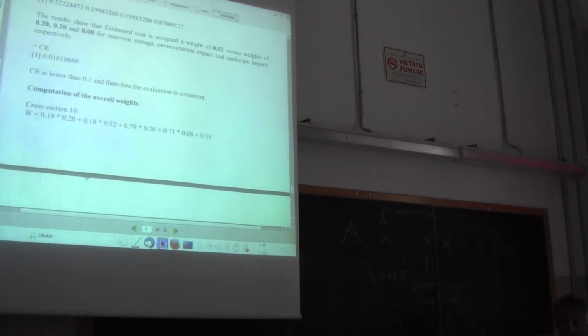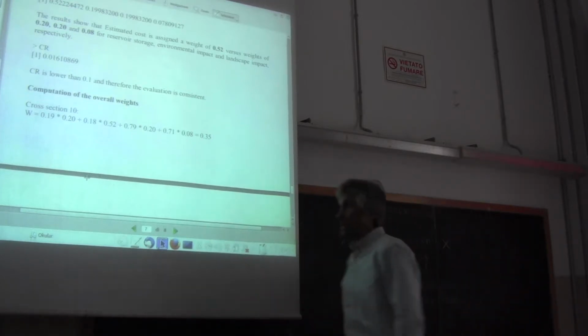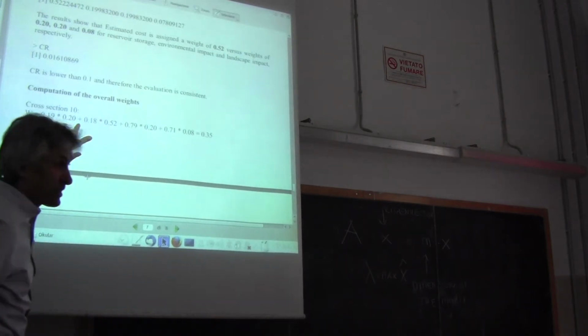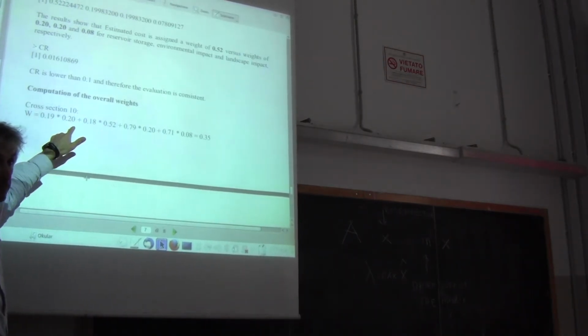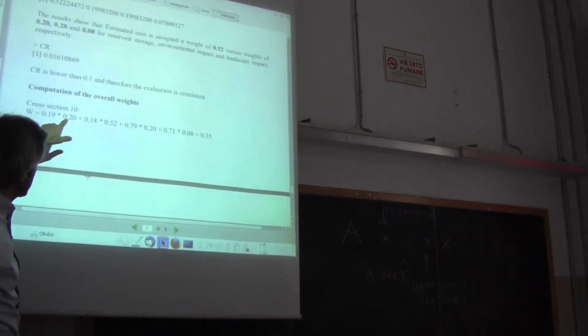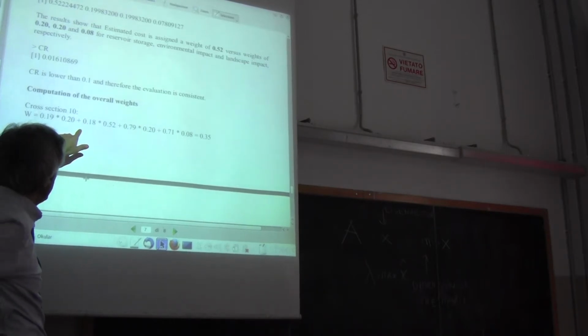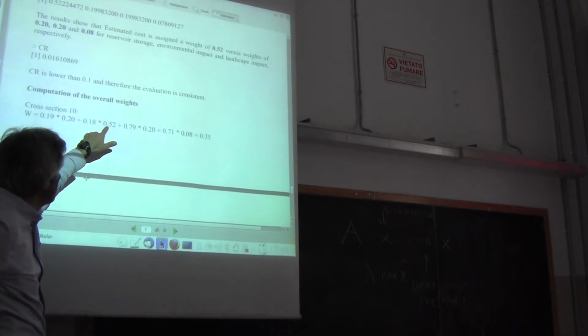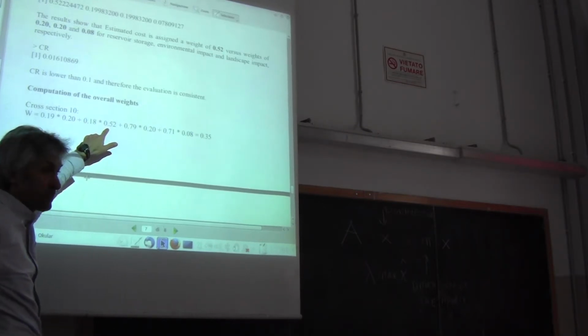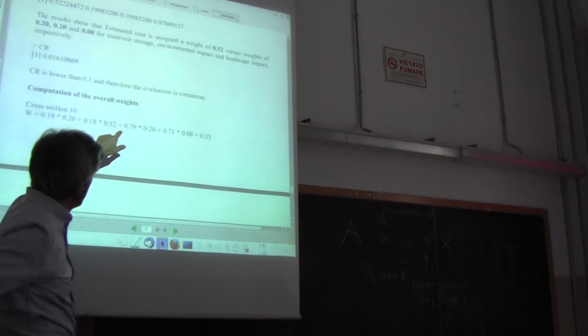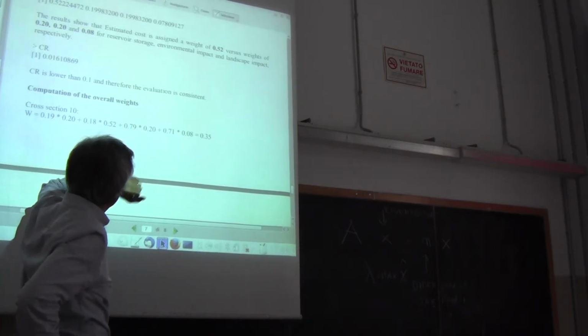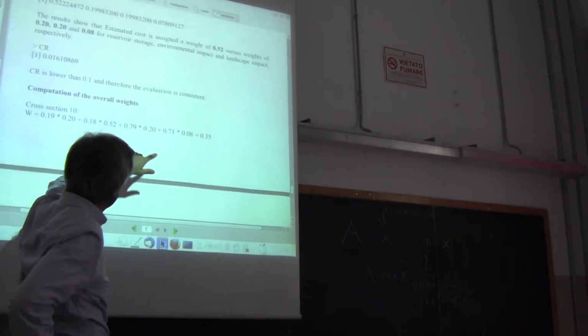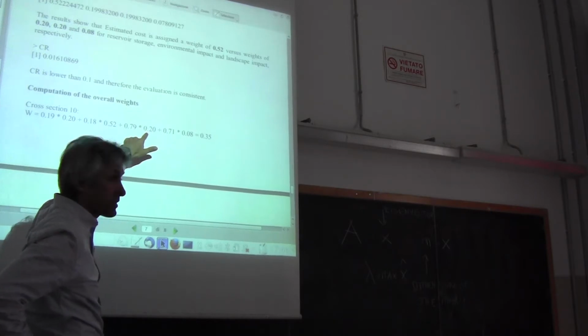And this must be multiplied by the weight of the environmental impact, which is 0.2. And then we got a score of 0.18 for the cost, which must be multiplied by the weight of the cost. And then we got a score of 0.79 for the storage. And the weight of the storage was 0.2.